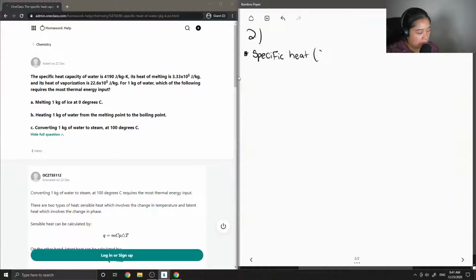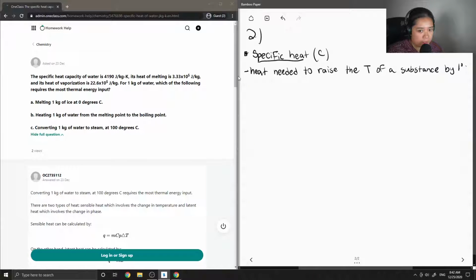So specific heat can be denoted as C, and it is the heat needed to raise the temperature of a substance by 1 degree Celsius.